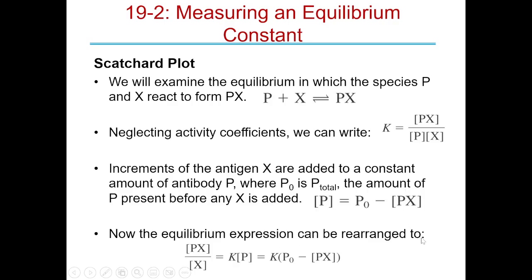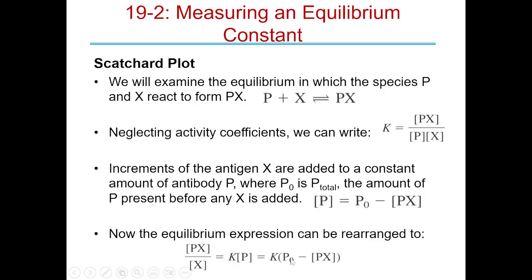So the equilibrium expression can be rearranged to this right here due to the fact that we know these terms. So what do we get? Well, remember that Px over X would equal K times P. All we've taken is multiply P over for the equilibrium expression to get this term right here.